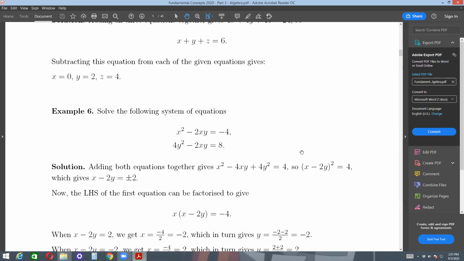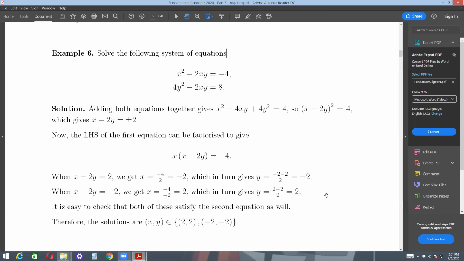You can't take cases because it's not integers, it's real numbers. So it doesn't have to be integer factors of 12, right? So be careful with that. In this case, the only way to do it is to add them. If you add them, you get this, right? Yeah, so you know x minus y is plus or minus 2, so you can take cases from here.